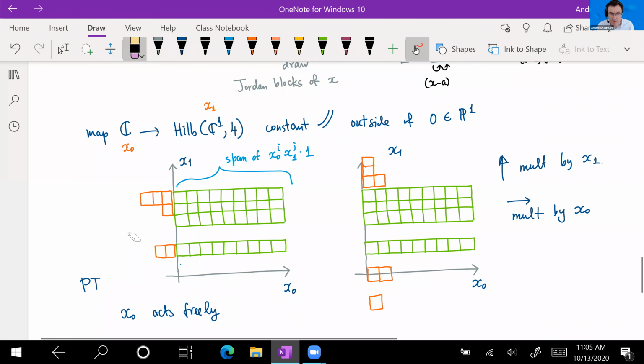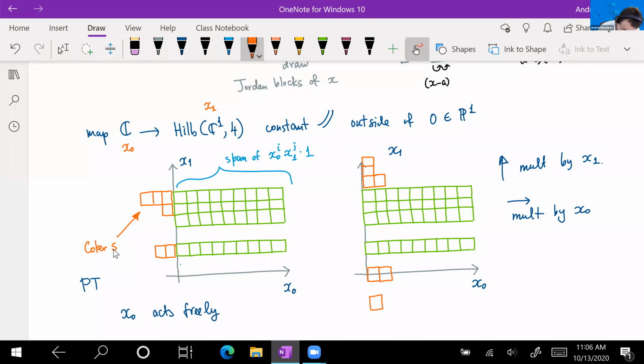Right? Does it make sense? Okay. And so this is one thing. This is maybe the co-kernel. That part is the co-kernel. Yes. The red part has a co-kernel.